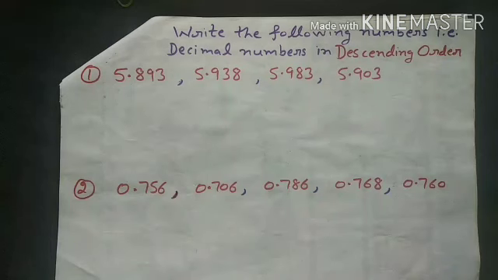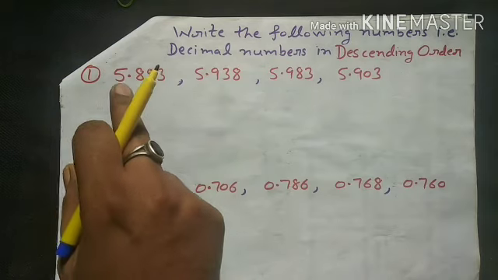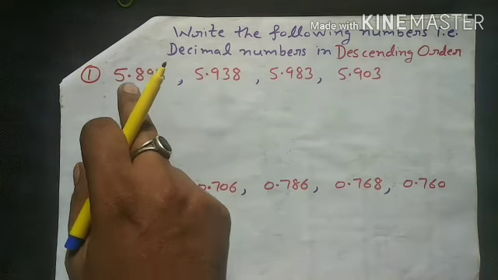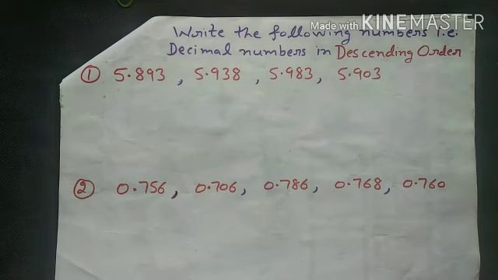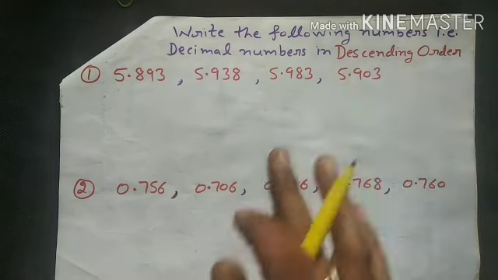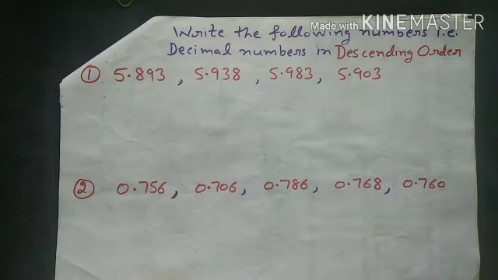Dear student, in this video we are going to learn how decimal numbers can be written in descending order. Student, here you will see that in question number 1, 4 decimal numbers are being given, so that we have to write them in descending order. What is the meaning of descending order?